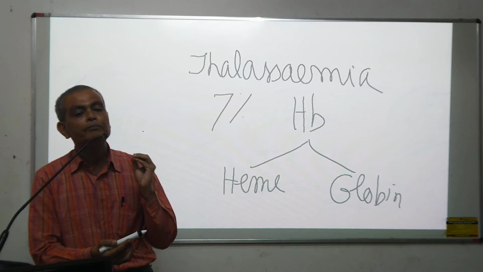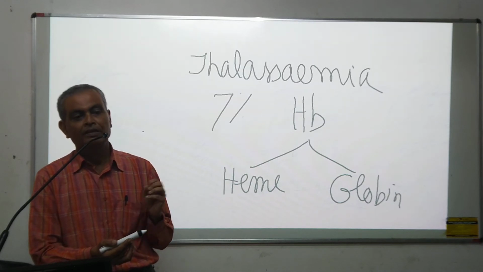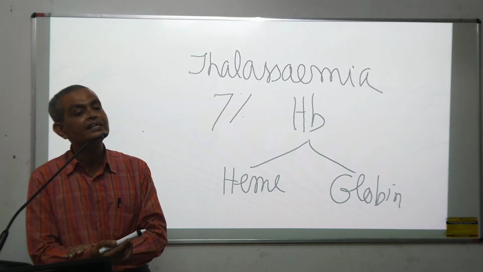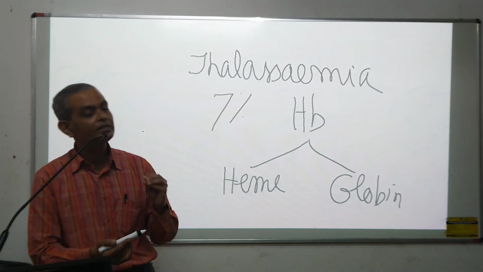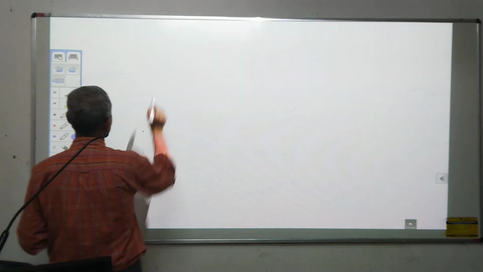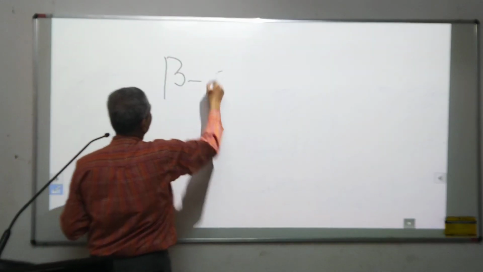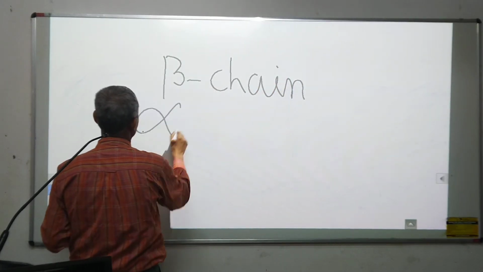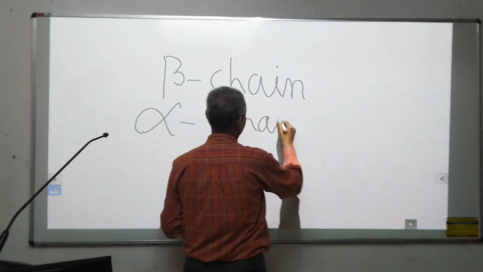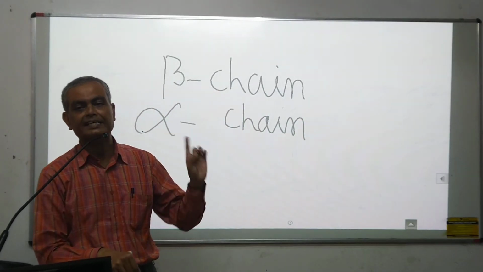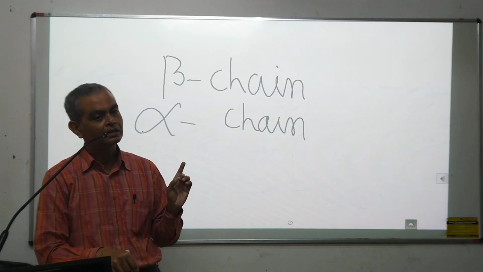Now a little bit of genetics. So there are a pair of beta chains and a pair of alpha chains.